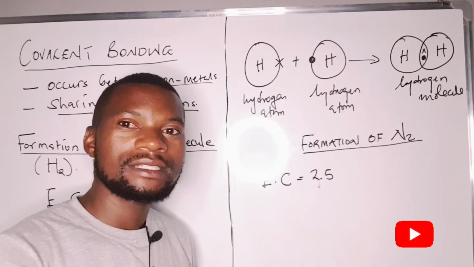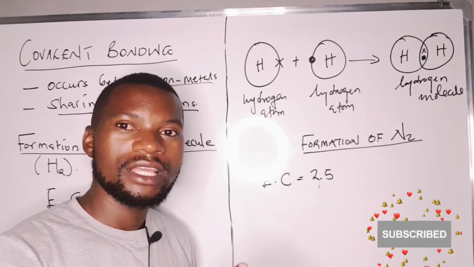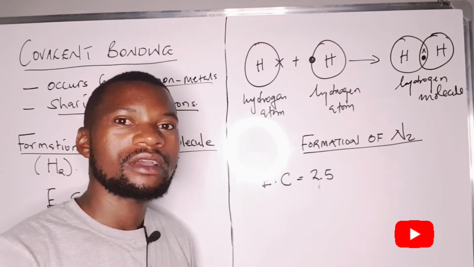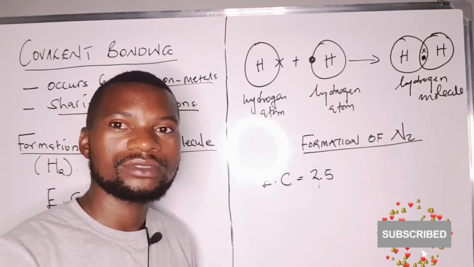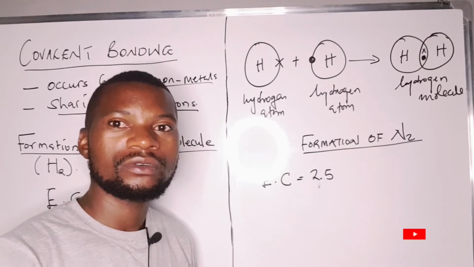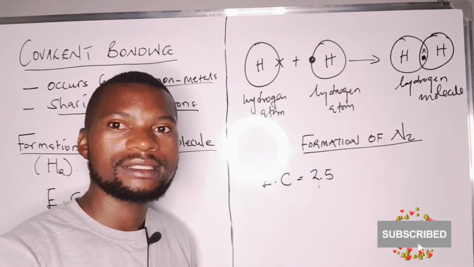So it needs 3 electrons for it to be stable. So meaning both nitrogen atoms need 3 electrons for the atoms to be stable.